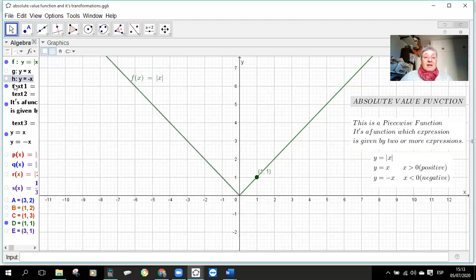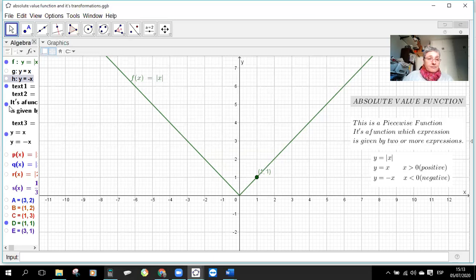The graph of the absolute value function will always be a V, a short V. So every time you see a graph with a short V, you have to know that that is an absolute value function.